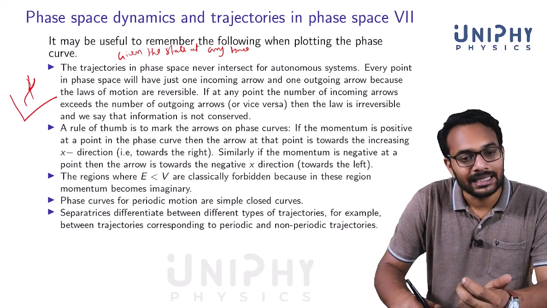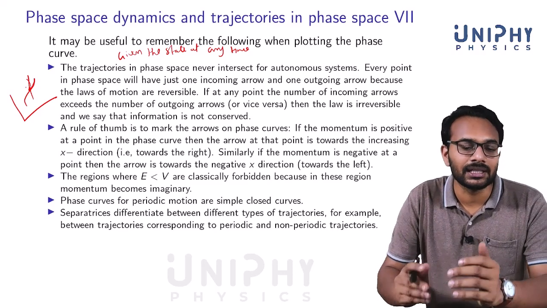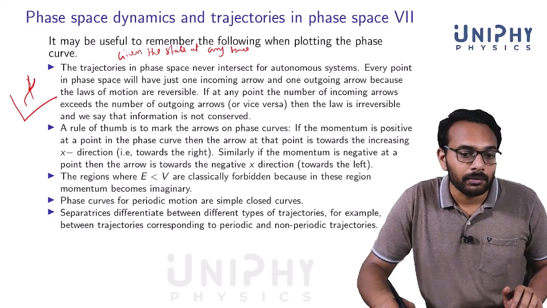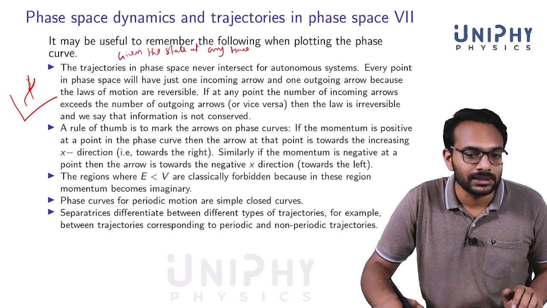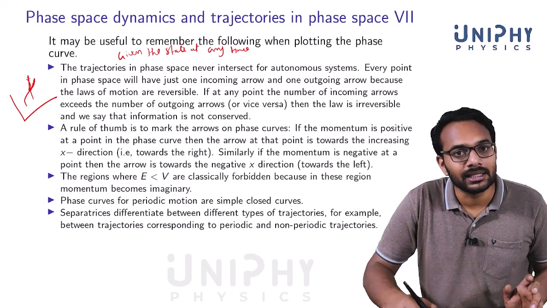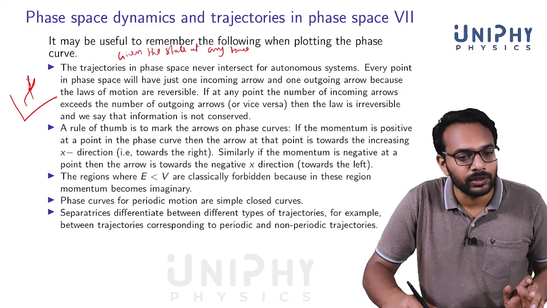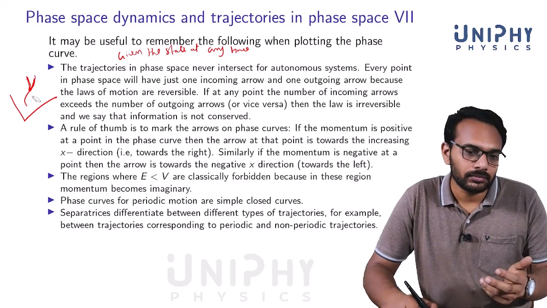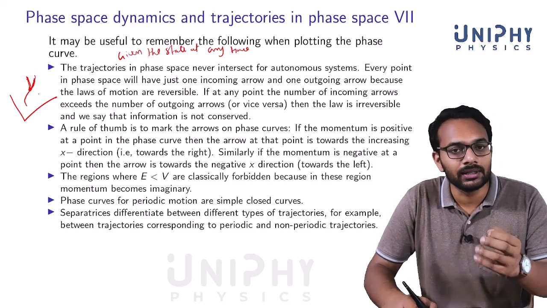If the phase space trajectories intersect, then there are points in phase space for which the future or the past is not uniquely determined. If the system is at this point, we don't know whether it will go along this trajectory or this trajectory.